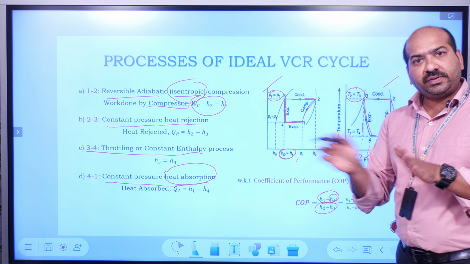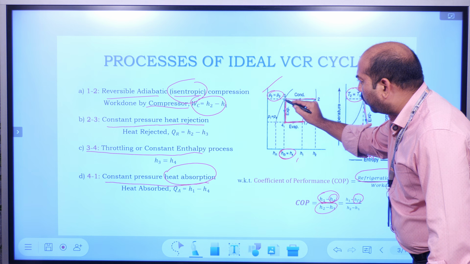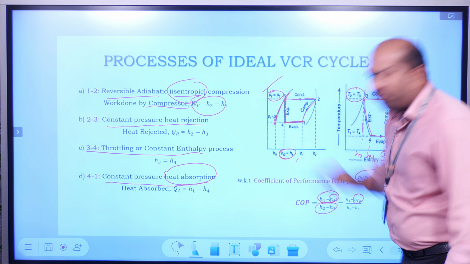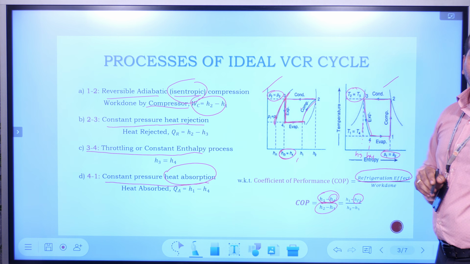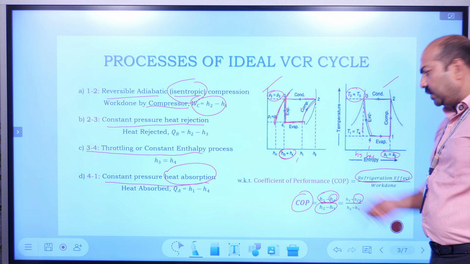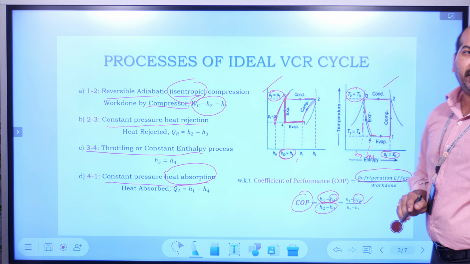So in order to bypass the calculation of dryness fraction, you can simply consider the point on the saturated line. And this HF3 value can easily be obtained from the relevant temperature limits, right? So overall, the coefficient of performance of a VCR system can be evaluated as H1 minus HF3 by H2 minus H1.